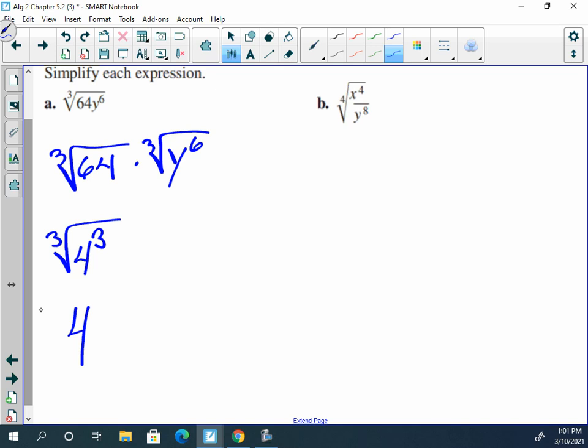Now, for the variable, we can essentially divide the exponent by the root, or we can subtract it out. Why can we divide it by the root? Remember, we can rewrite radicals as rational exponents. The exponent, the 6, goes on top, and the root is on bottom. Well, 6 divided by 3 is 2.